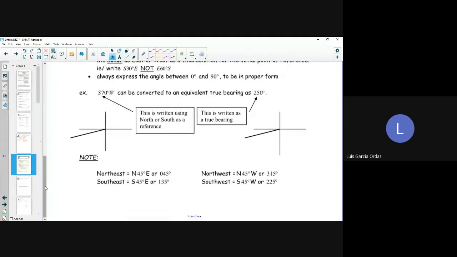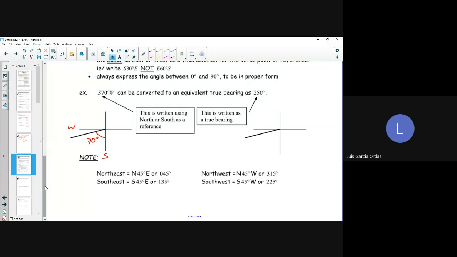So for example, south 70 degrees west can be converted to an equivalent true bearing of 250 degrees. This is my quadrant bearing because I'm using this acute angle of 70 degrees. Southwest, remember this is south and this is west, so it's going to land in quadrant 3.